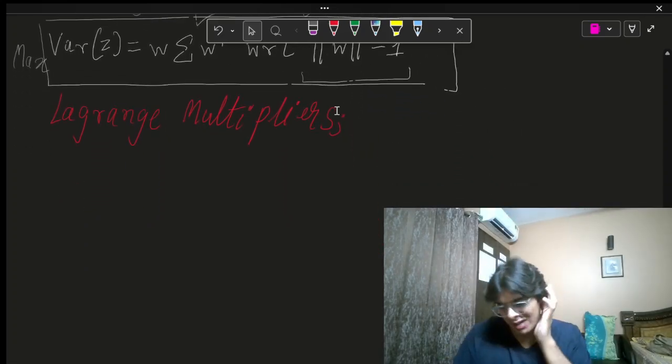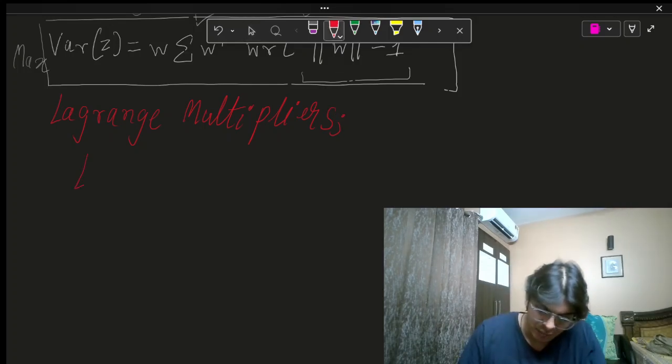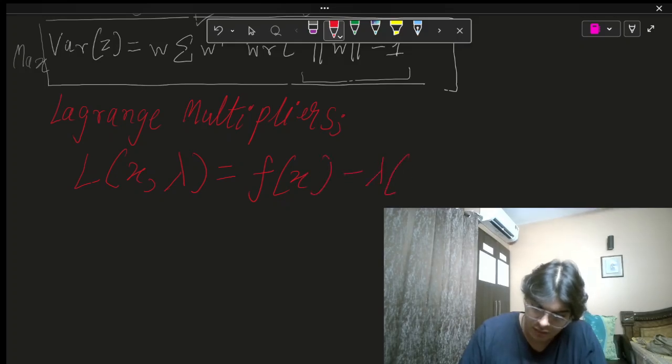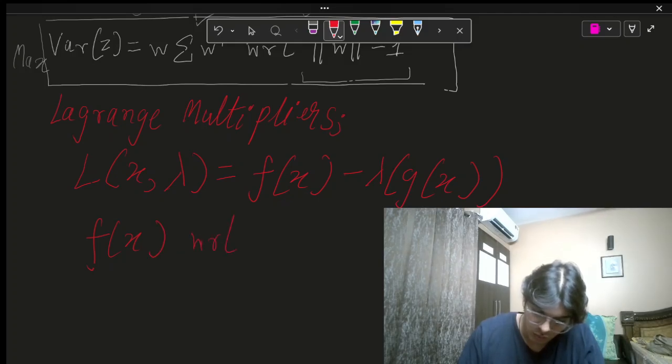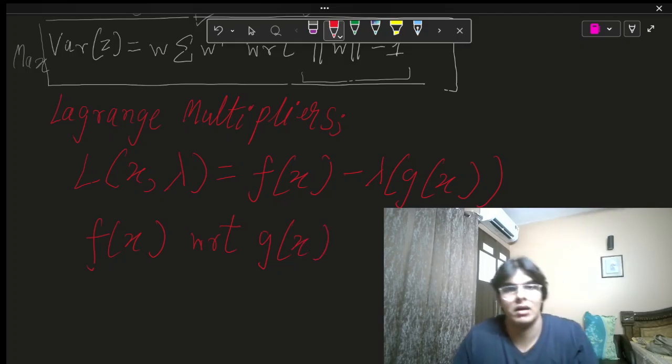Lagrange multipliers are the perfect tool when we want to optimize a function with respect to some constraint. So the steps look like this. Basically we have got two functions, f(x) and g(x), and we want to maximize f(x) with respect to g(x), which is what we are trying to do in this case.